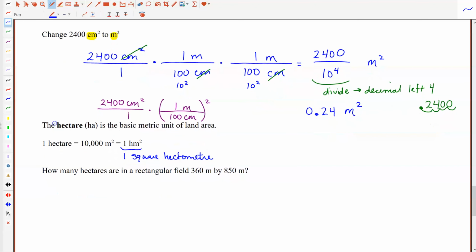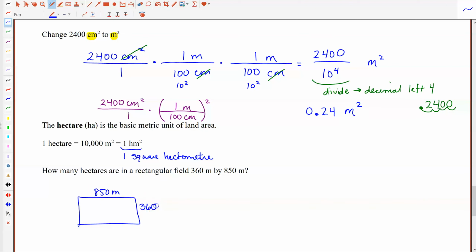All right, so just working with the hectare for land area. Question: how many hectares are in a rectangular field 360 meters by 850 meters? If I do a quick sketch of my rectangular field, I have 850 meters by 360 meters.